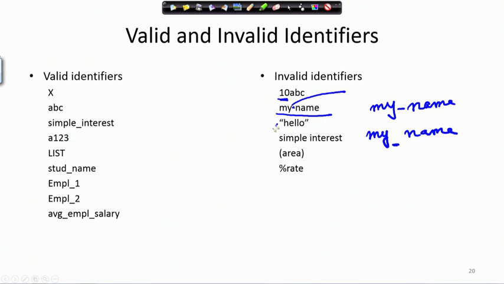Hello is not allowed because here I have put in some special characters. Simple interest is not allowed because there is a blank. I cannot put in a blank, but I could have written simple underscore interest. That is quite valid. Area is not valid because it has got a parenthesis, and percentage is a special character here. So, these are examples of invalid identifiers.